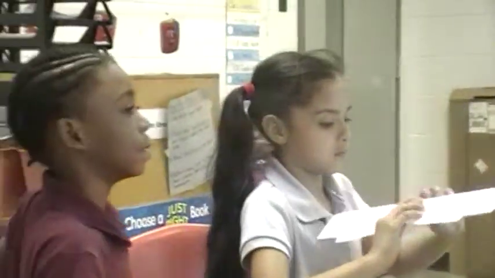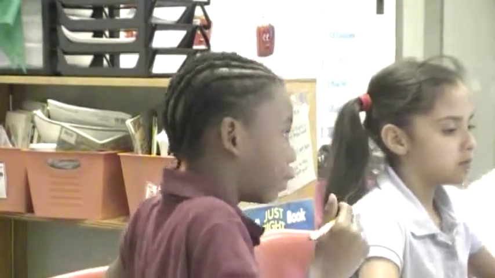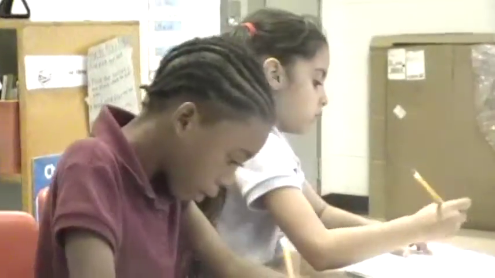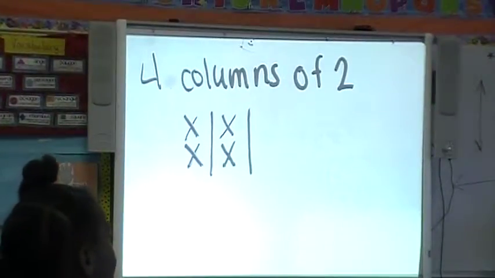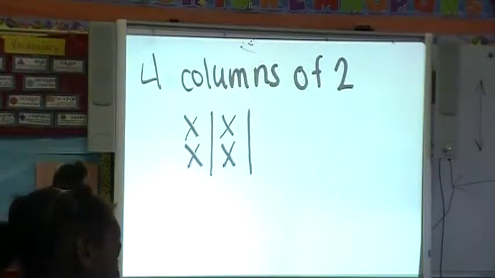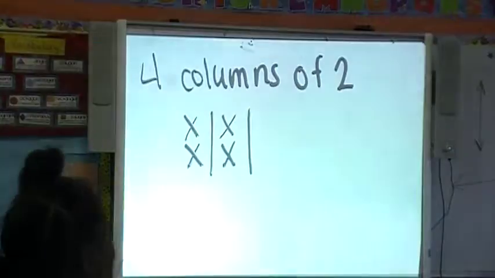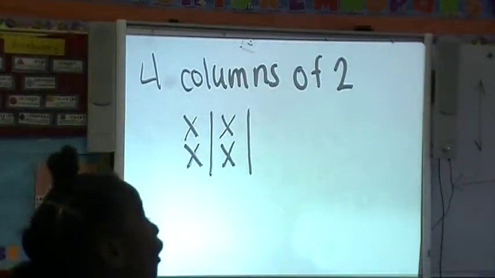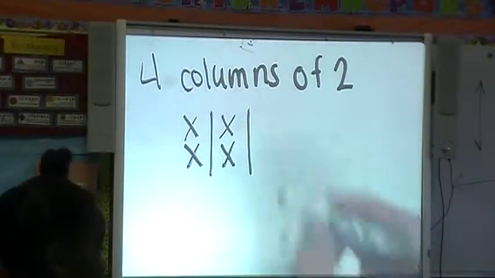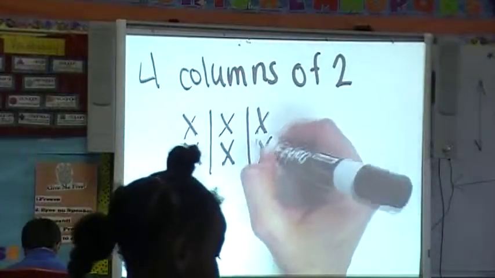Another column. Another column of how many? Of 2. We're supposed to be writing this. Yep, you do what I do. All right, what do I need to do next? Write 2 more. 2 more columns or 2 more what? 2 more X's in another column. Okay.